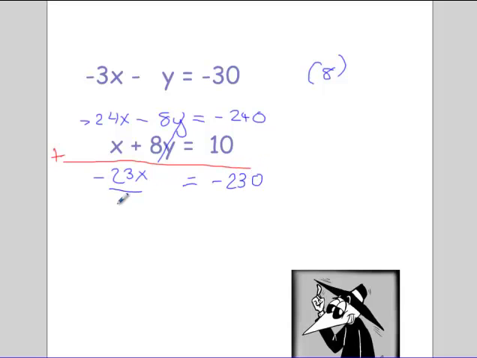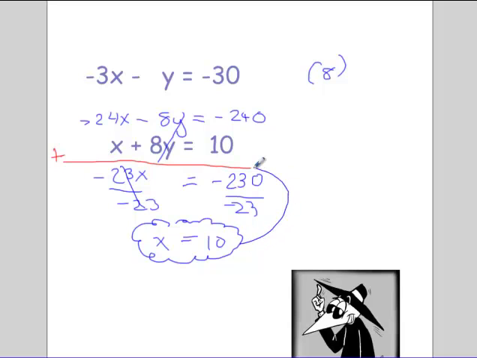Divide both sides by negative 23, and I get x equals positive 10. Take that x equals 10. I'm going to put a little bubble around it. It's not my complete answer, it's just part of it. And I am going to plug it into one of the equations. I'll plug it in right there.